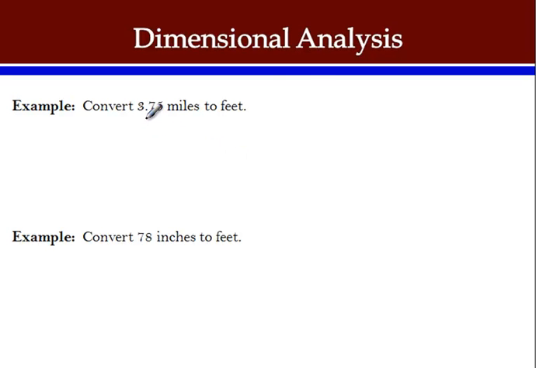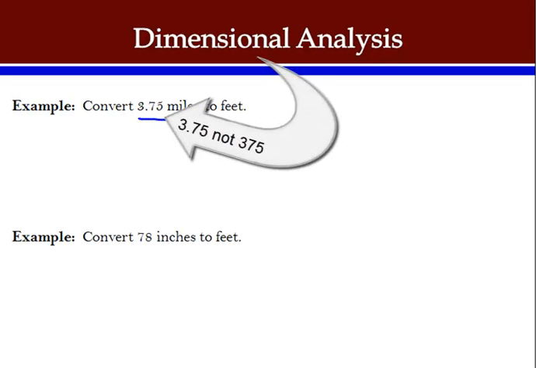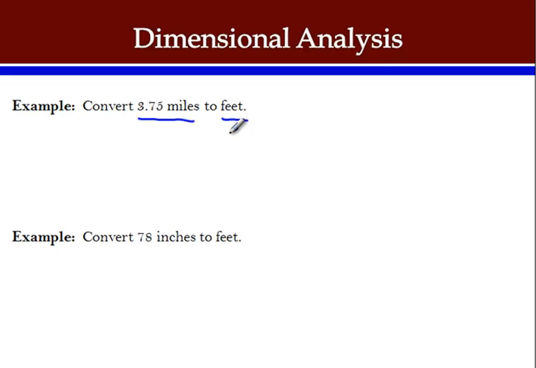We want to convert 3.75 miles to feet. So we need to know our equivalent measurements. Well, we know that 1 mile is 5,280 feet. Now for that reason we can write a unit fraction using these two equivalent measurements.